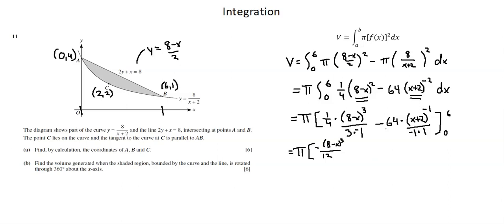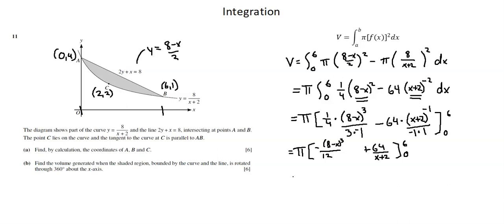The second term, minus 64 times a denominator of negative 1 times 1, becomes plus 64. And the denominator will be what we have as a numerator now, (x plus 2) to the power of negative 1, a denominator of x plus 2. Again, on the interval 0 to 6.